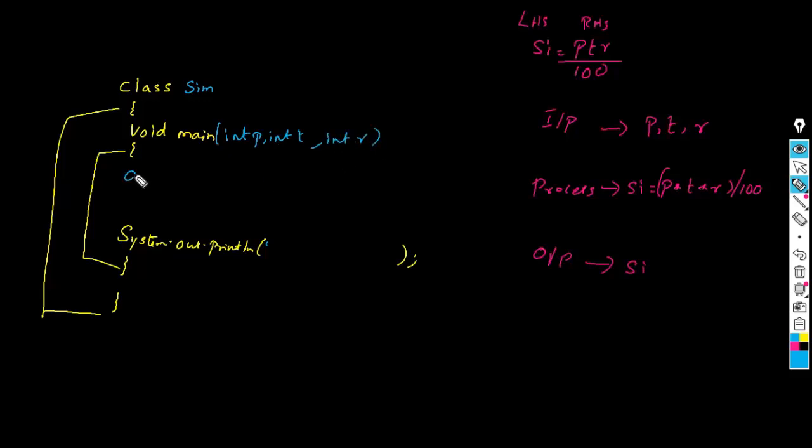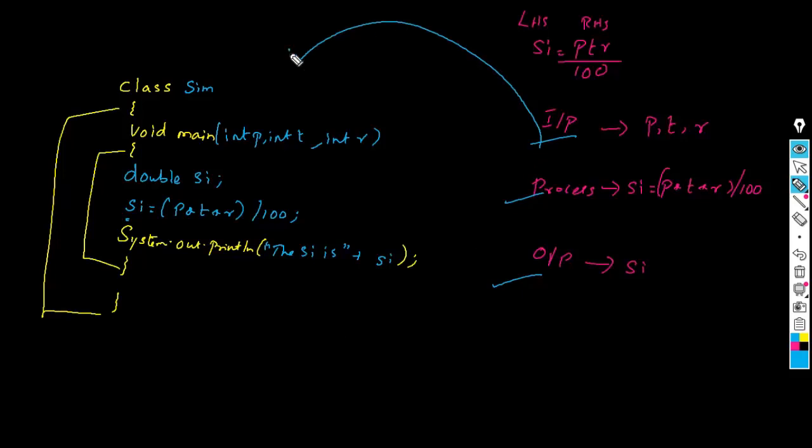Now here I have to declare double SI, because when I do the division, it may result in a decimal number. So I'm making it double. So SI is equal to P into T into R slash 100, and I give a semicolon. Then finally, System.out.println, the SI is plus, where is it stored? SI. So this is how the program comes, right? So input, process, output, and same thing you are going to implement here.